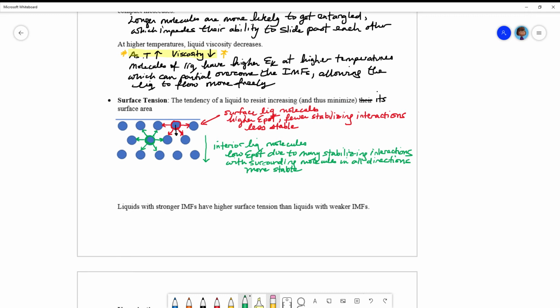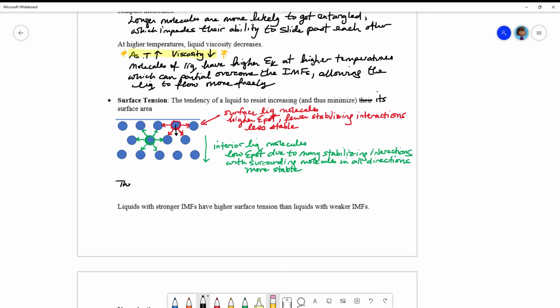In fact, a liquid works to make sure it has as few surface liquid molecules as possible because of their higher potential energy. And this means that liquids work to have a very low surface area. Low surface areas will have as few as possible surface liquid molecules. And the reason is because those interior molecules are not going to be moving to the surface if they can help it at all. So I'm going to write that up here.